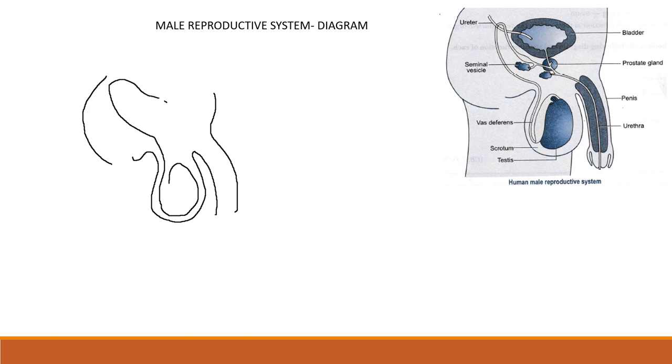Again draw from here another line, right, and then just bring it down. You have to bring it down. We are drawing the urethra, right children?